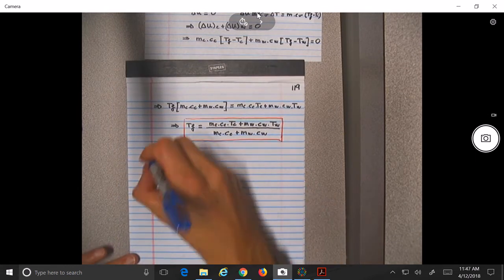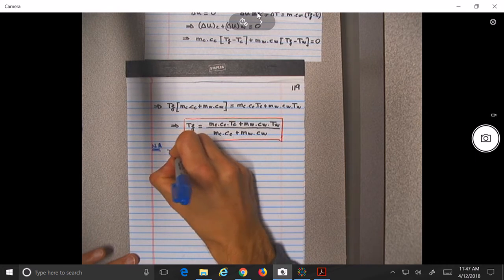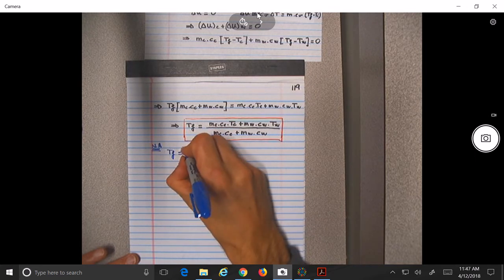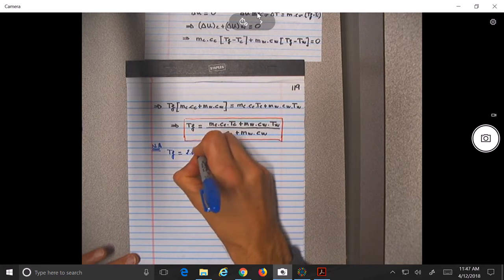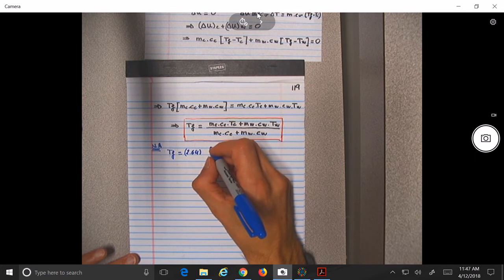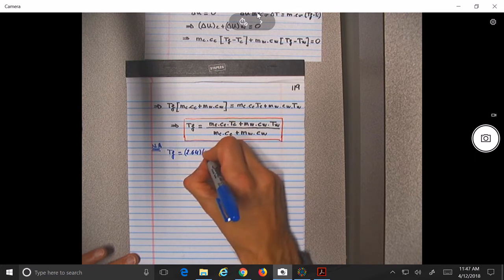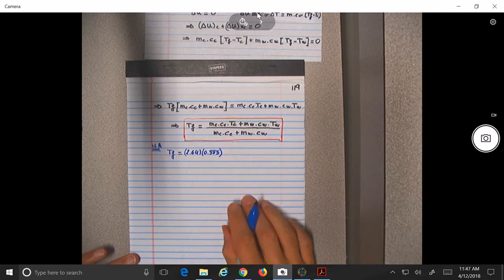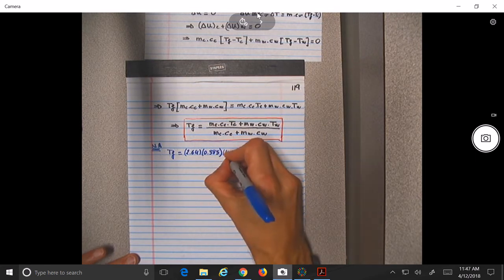Application. What do we get? What is the mass of the copper? It is 2.64. So I think units are going to work out. I don't see any strange units. C of the copper is 0.385. Temperature of the copper is 400.